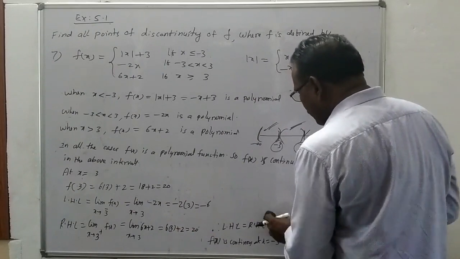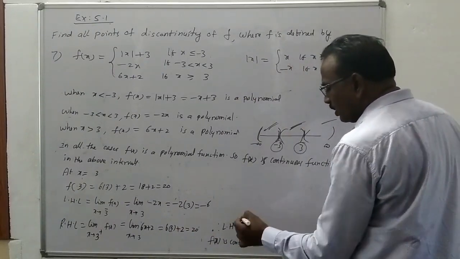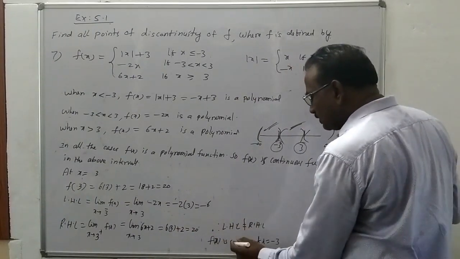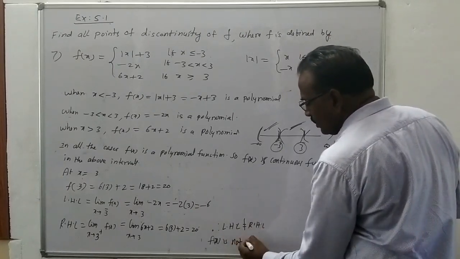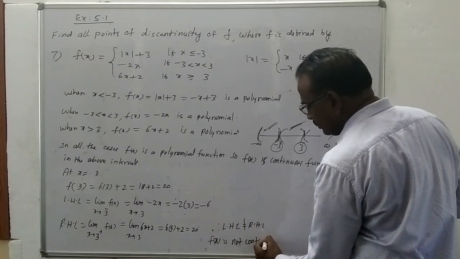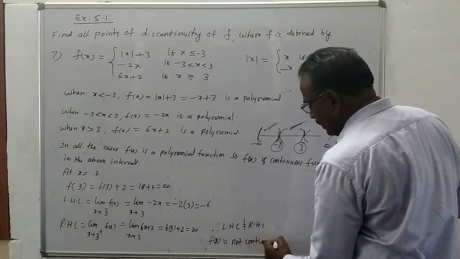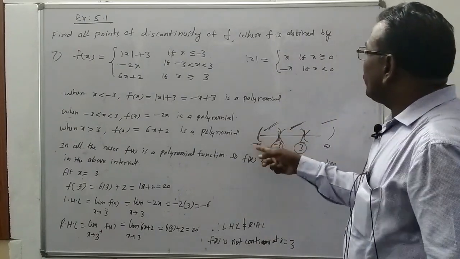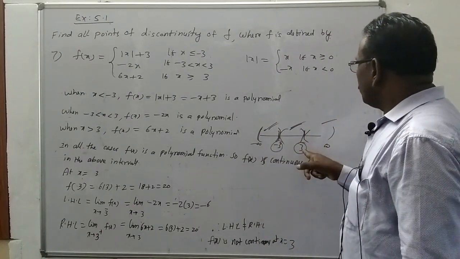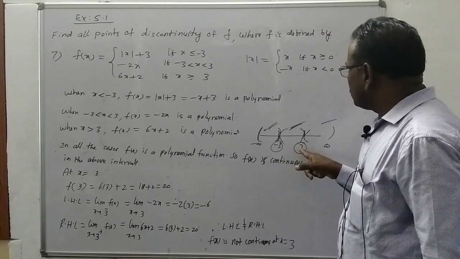Here clearly LHL is not equal to RHL, so therefore f of x is not continuous at x is equal to 3. So therefore in this domain, in the set of all real numbers, the only point of discontinuity is x is equal to 3.